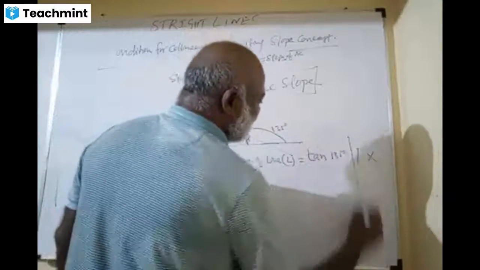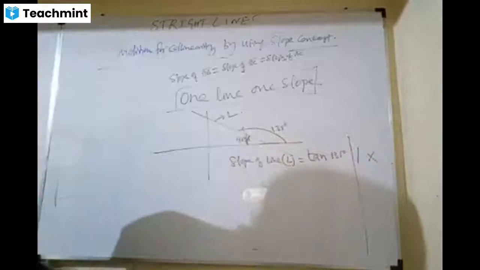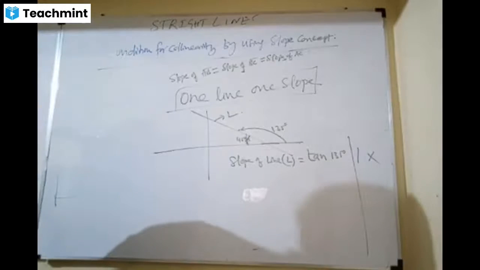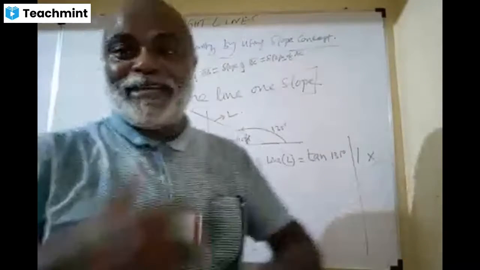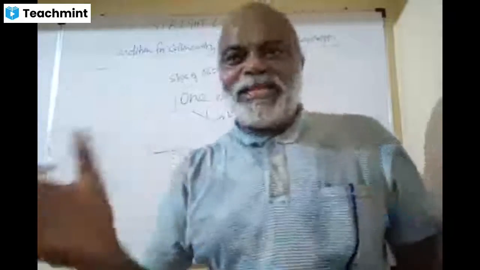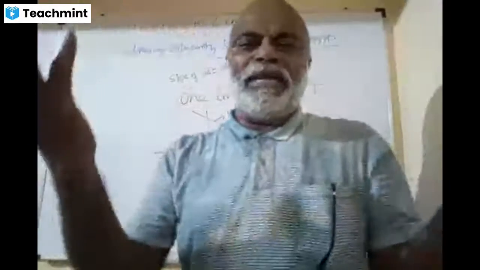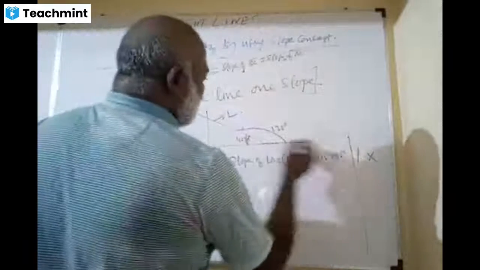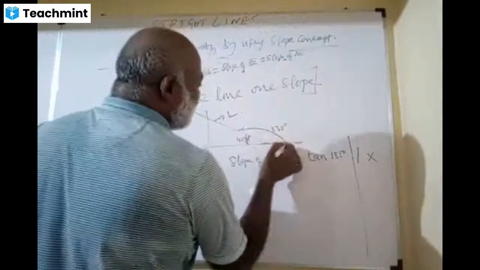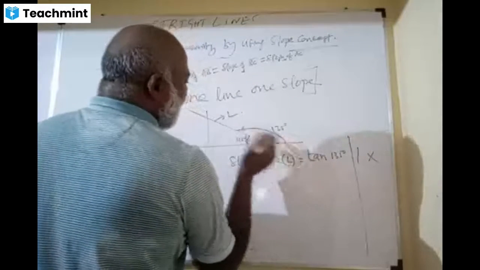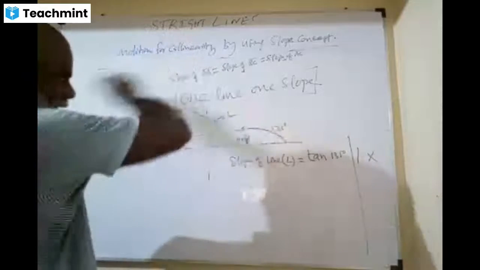Please, come on, understand this. It's a very dangerous question, a very, very dangerous question, a slope concept. You have to measure the angle from the x-axis in the anti-clockwise direction.